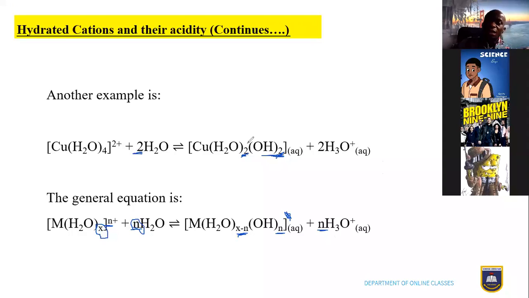You need to indicate the states. Apart from water, the state is aqueous, AQ. All of them. Water is L, liquid. That's how you indicate the state. It's as simple as that.